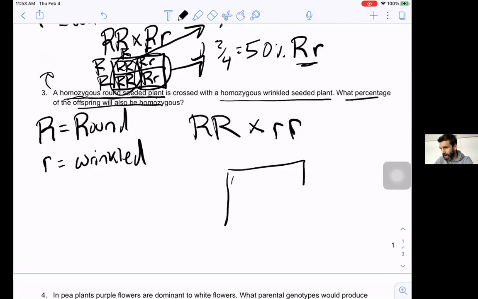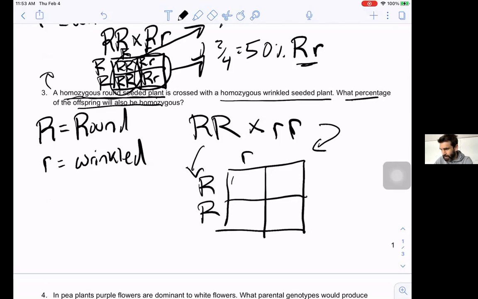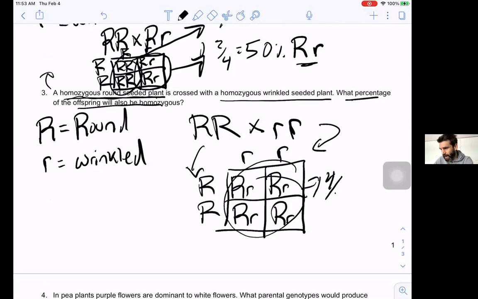Well, I already know that it's going to be 0% of them because these come over here, big R, big R. These come here, little r, little r. And there we go. These all are heterozygous. 4 out of 4 equal hetero. That's a big R and a little r is hetero. So this is 0%. Okay, that was pretty quick.